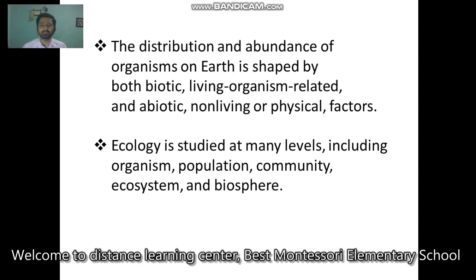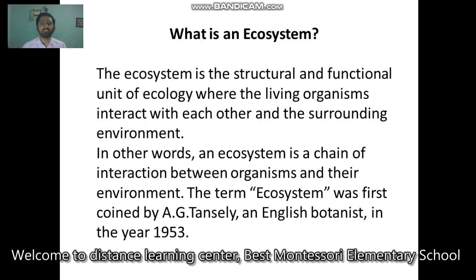And ecosystem, unit of ecology. Types of ecosystem, land or terrestrial and aquatic. Land 4 subtypes, aquatic 2 subtypes. I think this was all clear about the types of ecosystem.